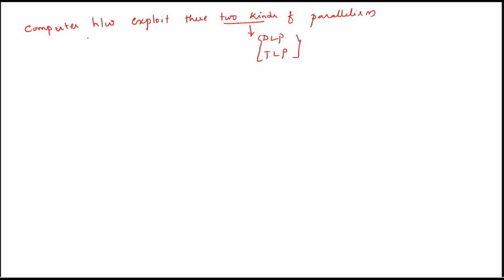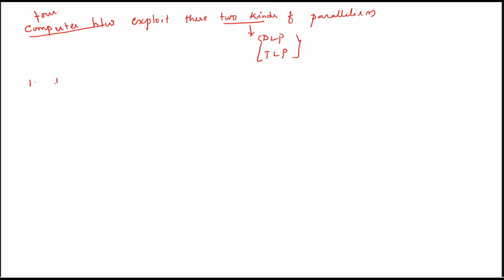To do that, we need computer hardware which exploits these two kinds of parallelism, and it is classified into four computer hardware architectures that exploit these kinds of parallelism.